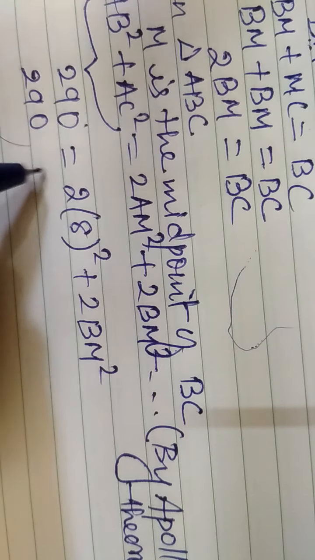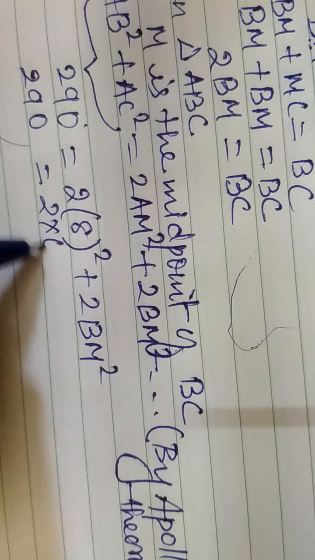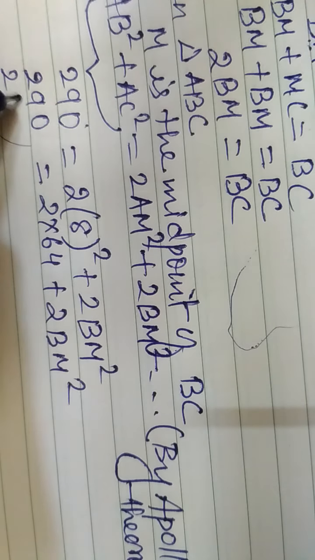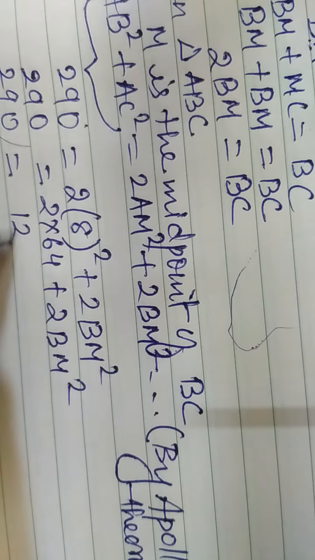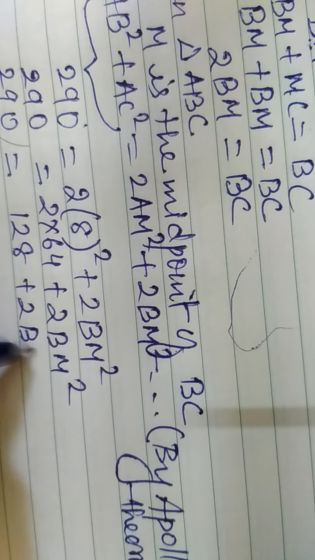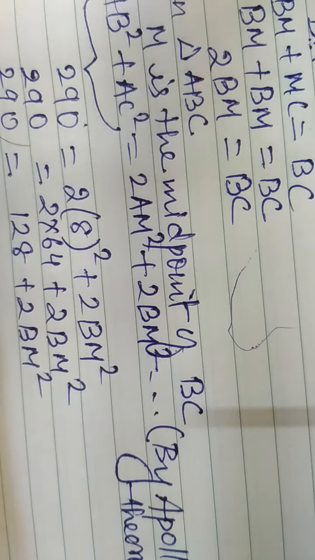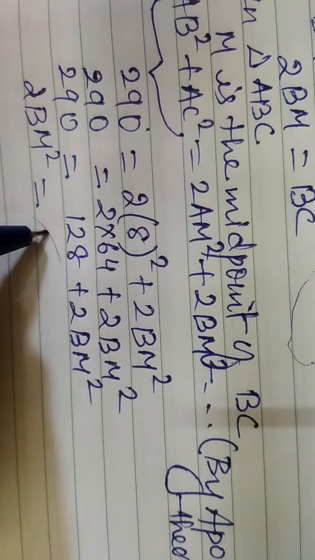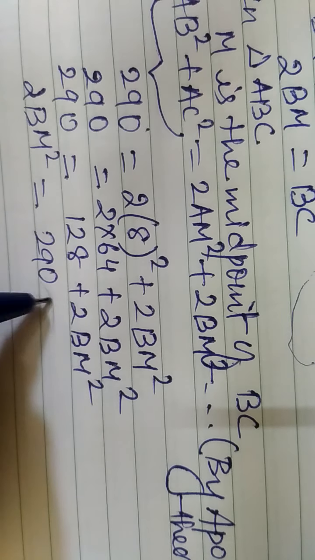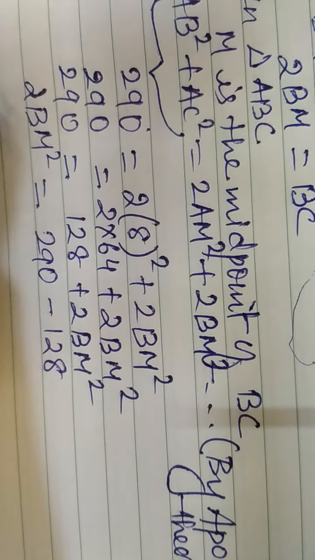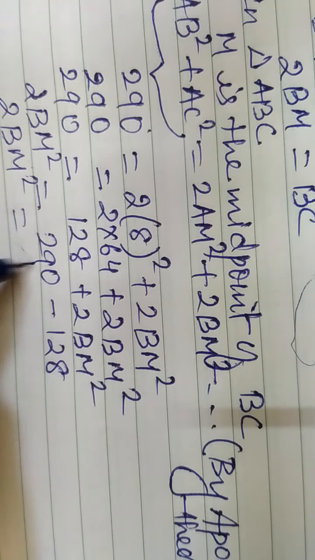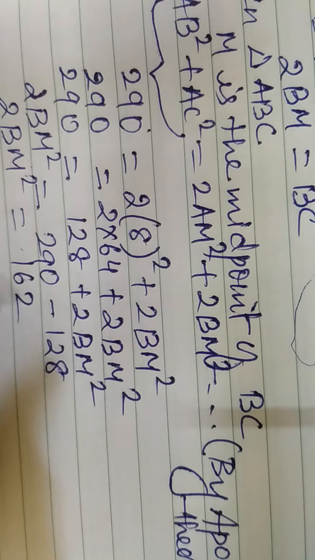So 290 equals 2 multiply 64 plus 2BM square. So 290 equals 128 plus 2BM square. So 2BM square will be equal to 290 minus 128, correct? So 2BM square equals 162.